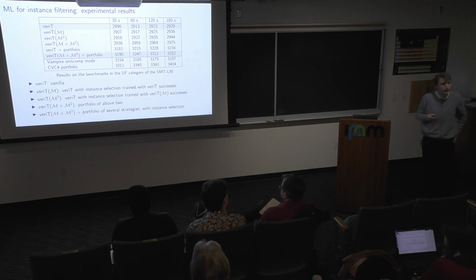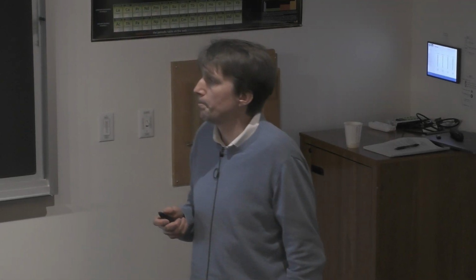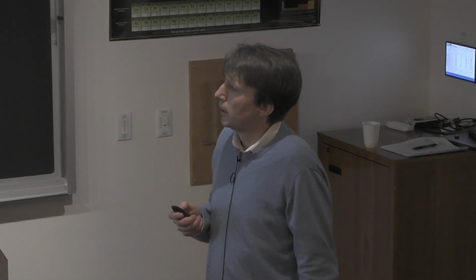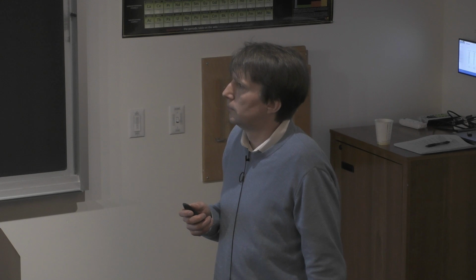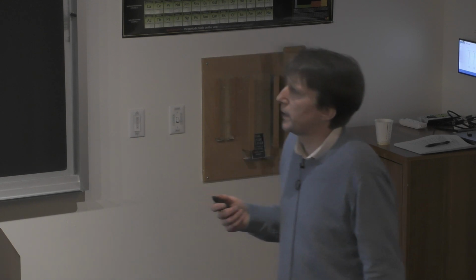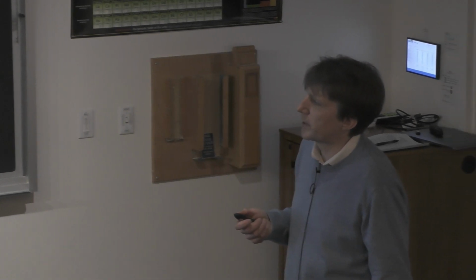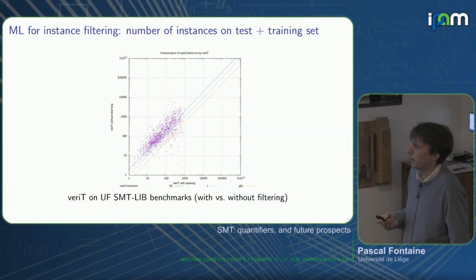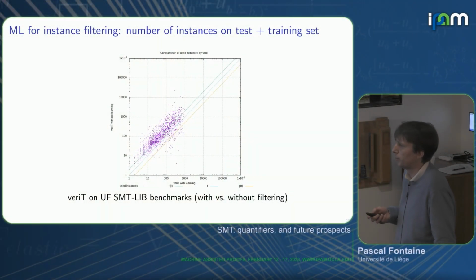We are generating tens of thousands of instances per second, and we have to eliminate them quickly. With filtering of instances, we managed to cut by 2 the number of instances. I will not go into too many details here.